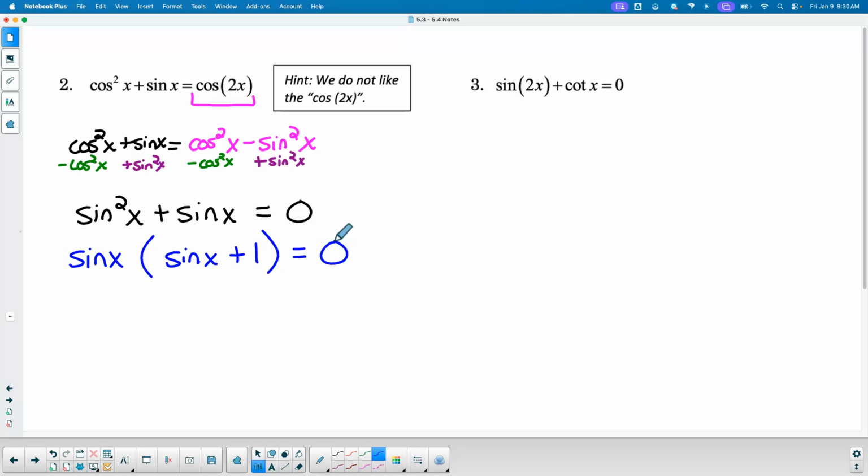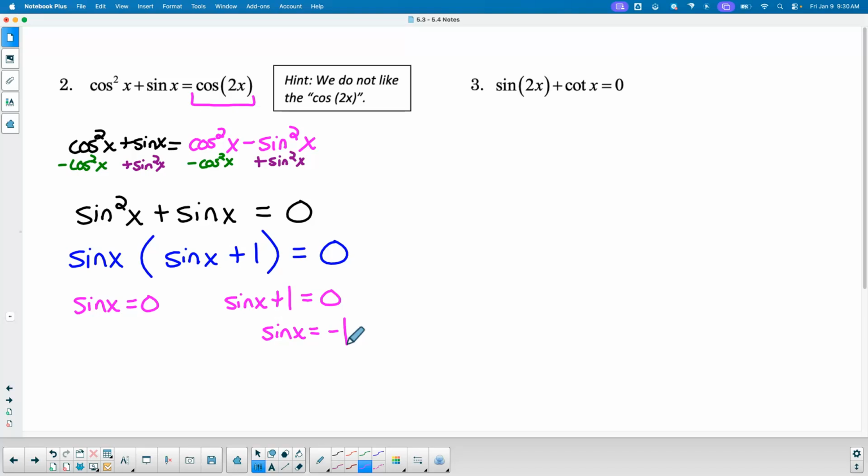No? Okay, so now what? Sine of x equals 0. And? So then sine of x would equal negative 1.